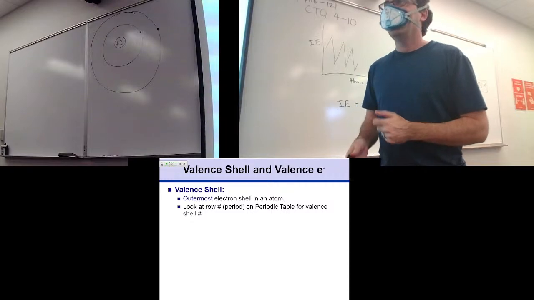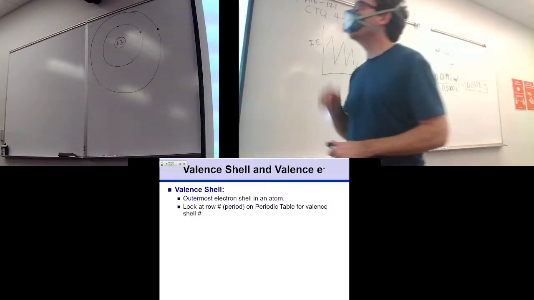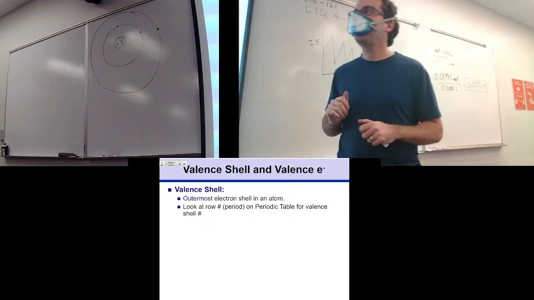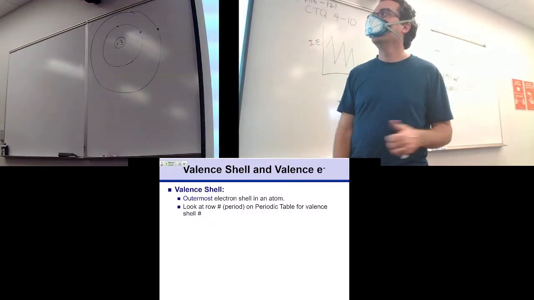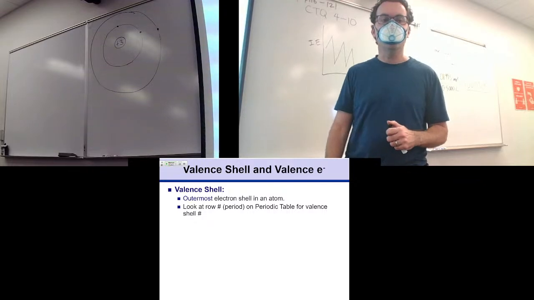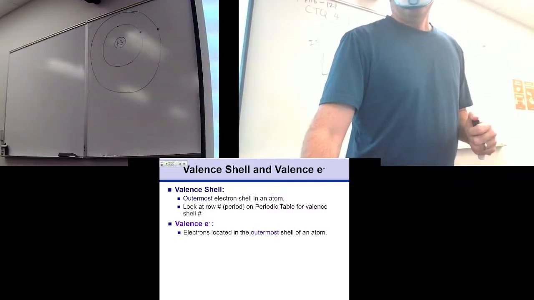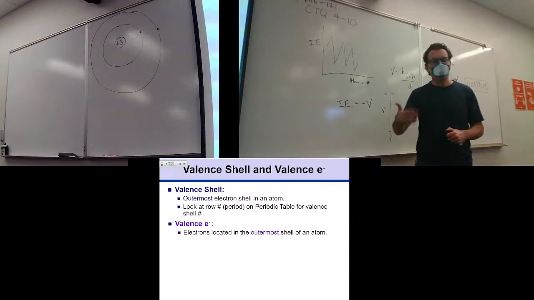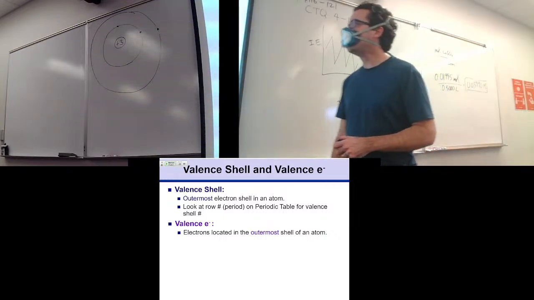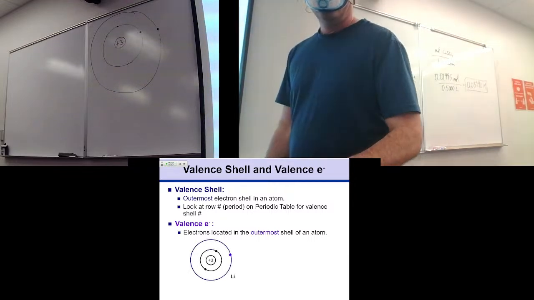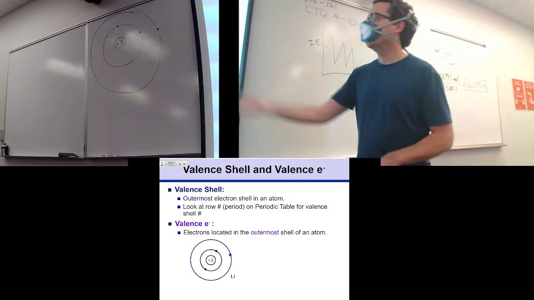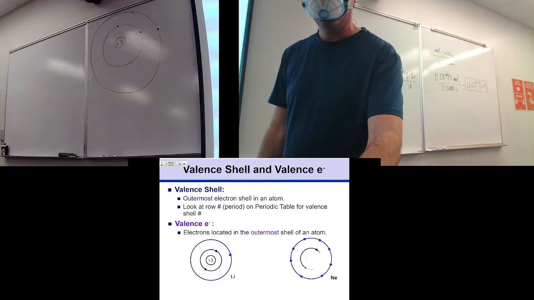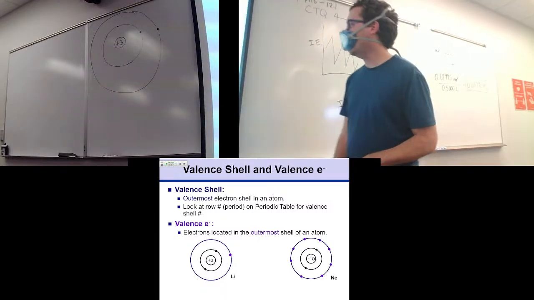How do you know what the valence shell is? Look at the row the element's in. So for potassium, the valence shell is shell 4. For sulfur, the valence shell is shell 3. Now, valence electrons are the number of electrons in that shell. So for lithium, there is 1 valence electron, because there's only 1 in that outermost shell. For neon, there's 8 valence electrons.